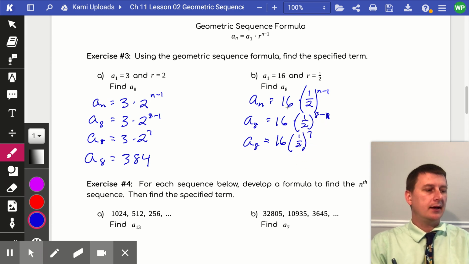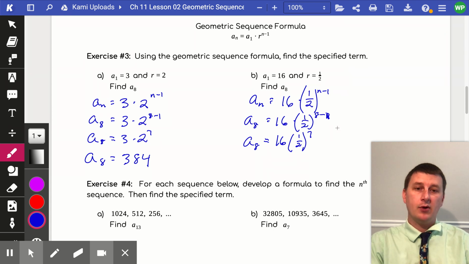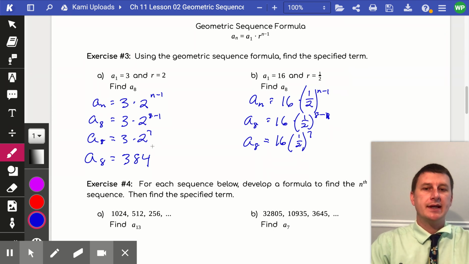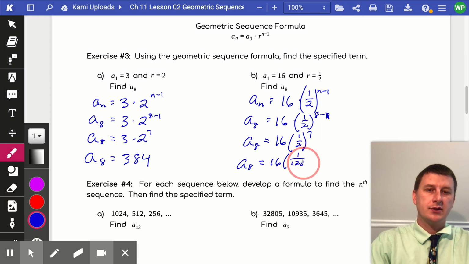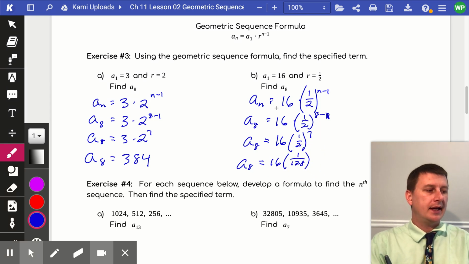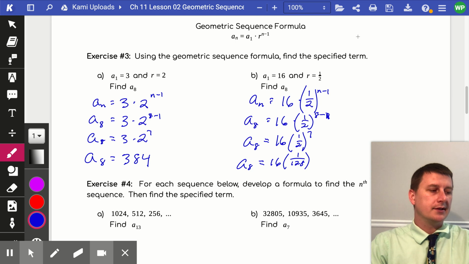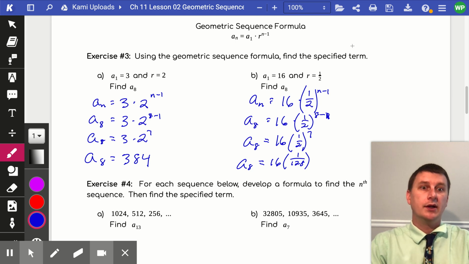So if we're looking at 1/2 to the 7th power, well, if 2 to the 7th power was 128, 1/2 to the 7th power is going to be 1 over 128. So let's do an extra line here. We're going to do 16 times 1 over 128. If you were to put that in your calculator, though, you probably got an answer that looked like 0.0078125.